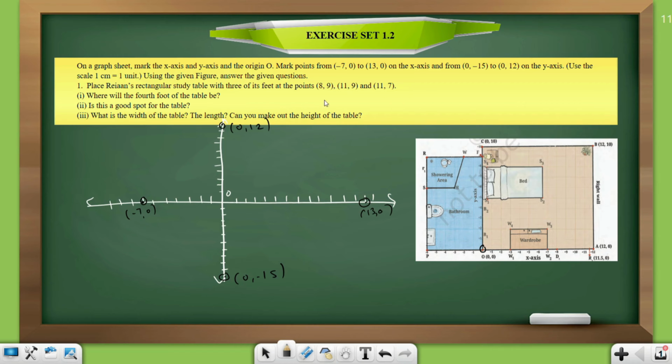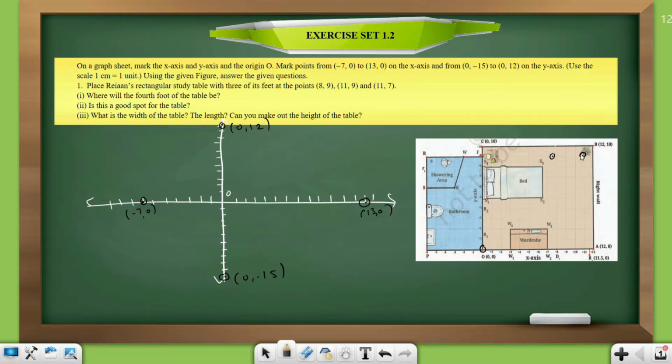The first foot is at the point (8, 9). Here is our 8, and if you look at the y axis, 9 is located here, so the point (8, 9) is located at this point. The next point is (11, 9) similarly: these are 8, 9, 10, 11, here it is.